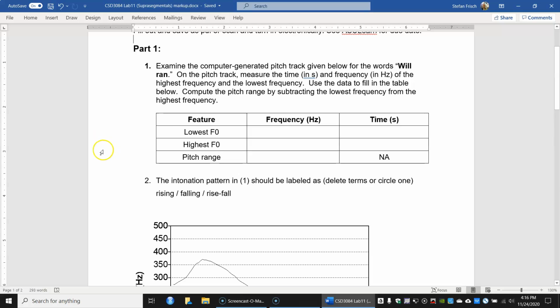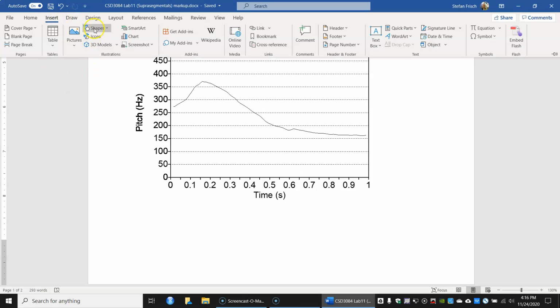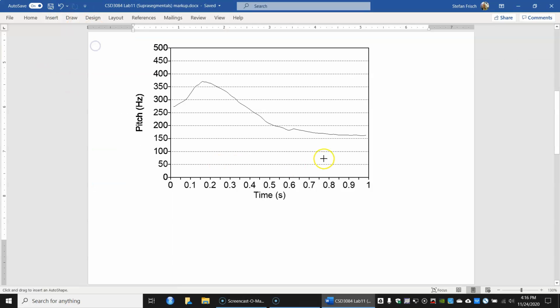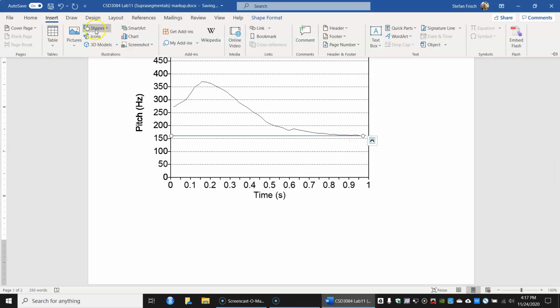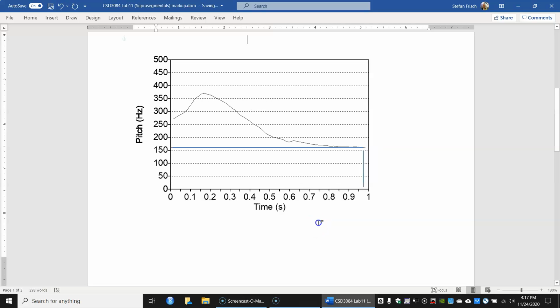So in particular, I'm supposed to locate the lowest frequency, and that looks like that's way over on the right. So maybe I can put a thing in here to help mark that horizontal line to give you an idea what the frequency value is, and a vertical line to mark time.